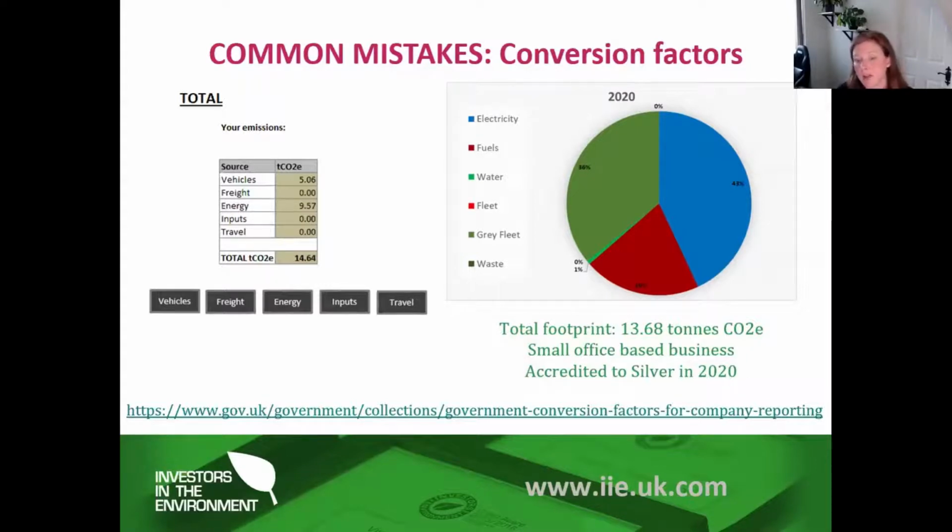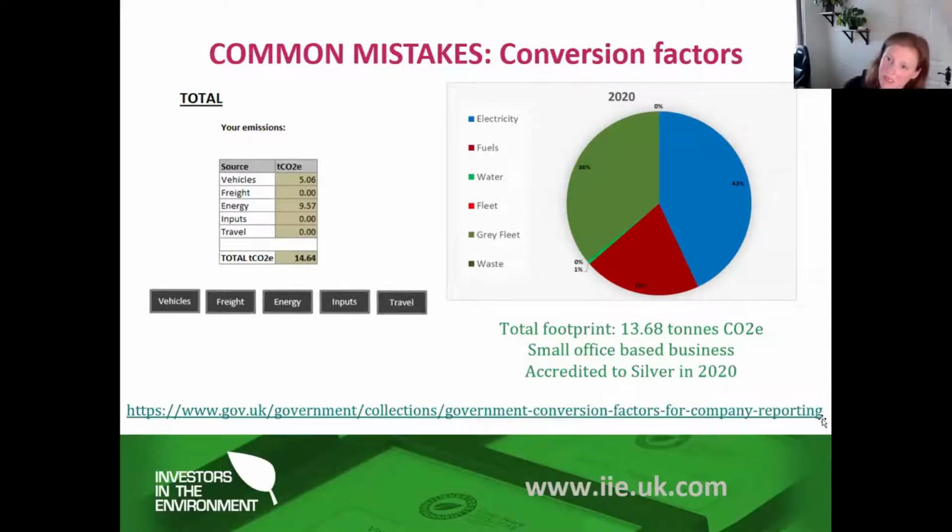One of them was done via the IIE Excel calculator, and one was done via Forest Carbon, a forest carbon calculator. Now, Forest Carbon is a partner of IIE, so I felt confident that they would know what they were doing. I also felt confident that the IIE carbon calculator was correct, yet the 2 footprints were different. The IIE calculator calculated 13.68 tonnes, and the Forest Carbon calculator calculated 14.64.